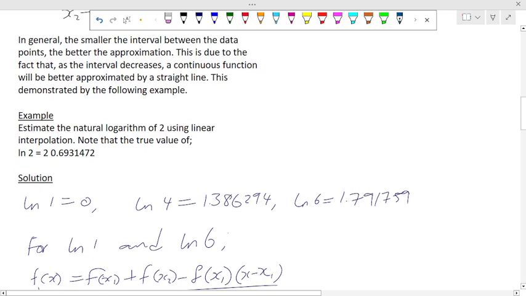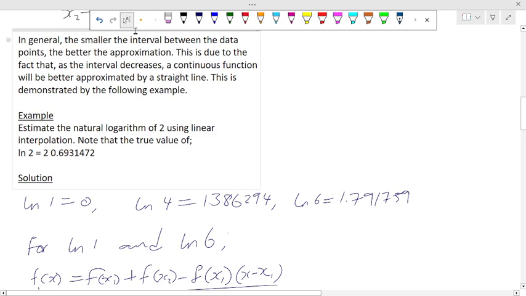Now in general, the smaller the interval between the data points, the better the approximation. That is due to the fact that as the interval decreases, a continuous function will be better approximated by a straight line. This is demonstrated by the following example.